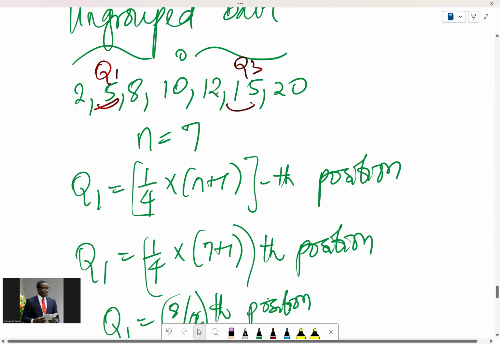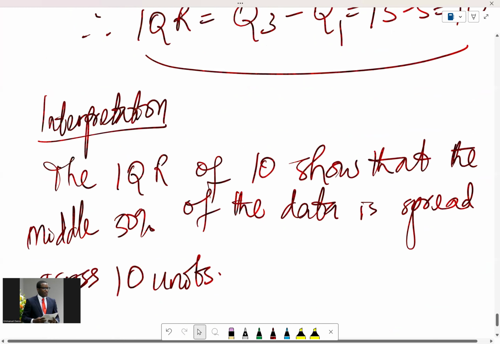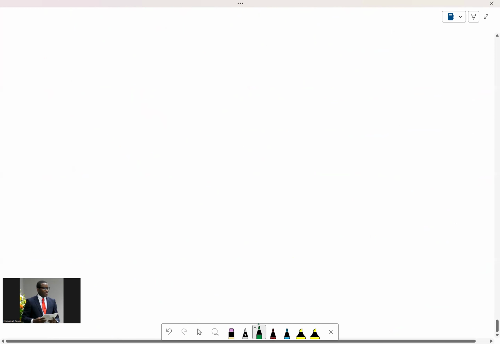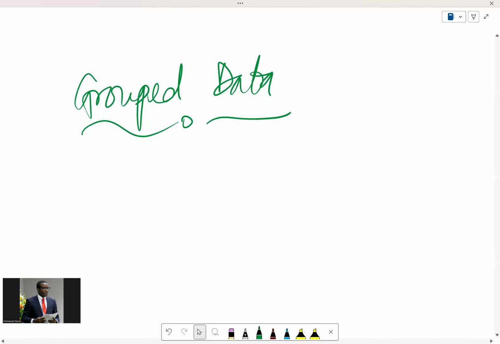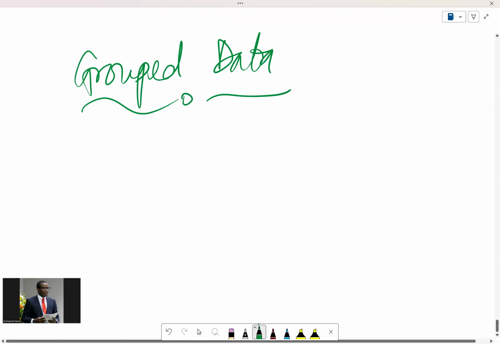Can we do it for grouped data? So let's go for grouped data now. For grouped data, imagine we have a class interval, and then we have frequency.